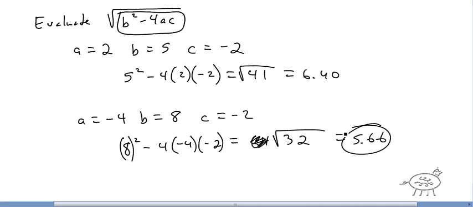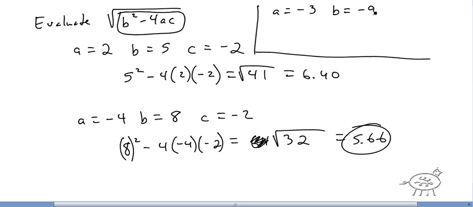Okay, that's that one. Let's do one more with some more negatives. So if A is equal to negative 3, B is equal to -9, and C is equal to 4. All right, so B squared, -9 squared, minus 4 times -3 times 4.